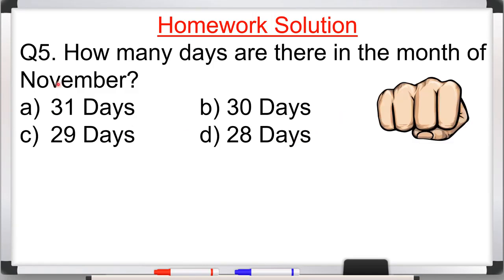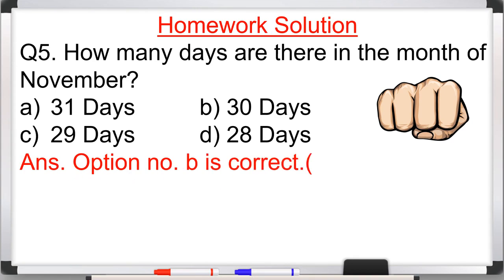So let's start for November: January, February, March, April, May, June, July, August, September, October, November. So November is at a lower impression. So there are 30 days in the month of November. Okay. So we will write option number B is correct. Understood, beta? Thank you.